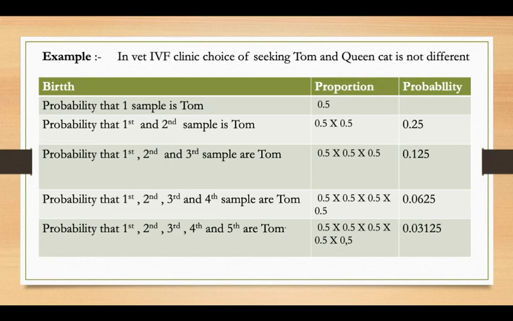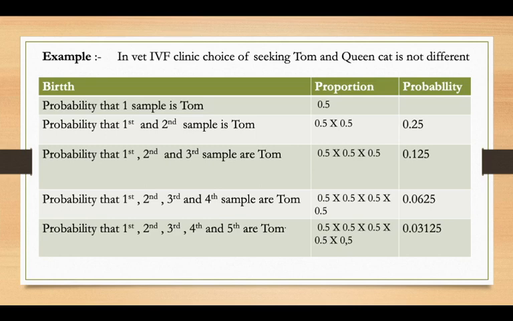It's again the same thing as tossing a coin, head and tail versions. So the probability that the first sample will be male is 0.5. I mean, there is a 50% chance that it could be either a male kitten or a female kitten. The male kitten is called Tom, the female kitten is called Queen.